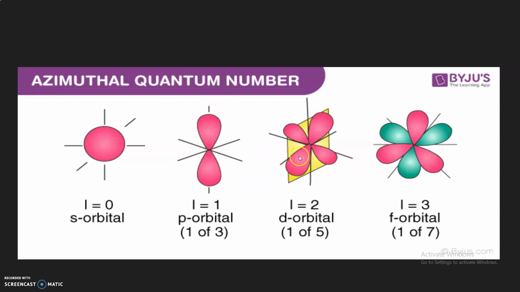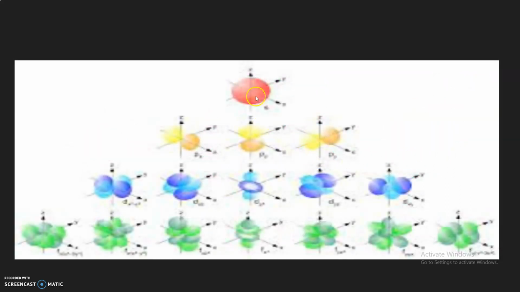For d orbitals, it is like this, and for f orbitals, it is more complicated. Here you can see the spherical shape, and for p orbital there are different orientations. For d orbital, these are the different orientations, and for f orbitals, these are the different orientations.